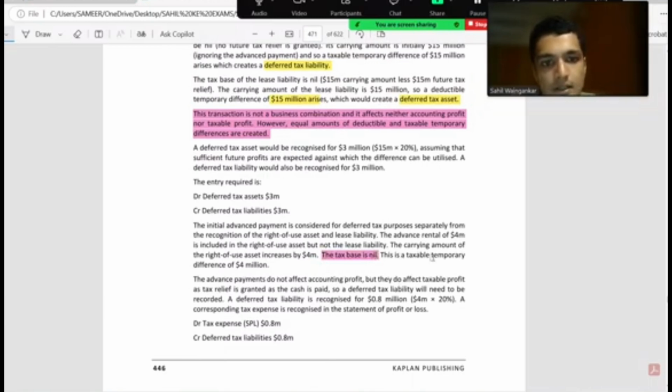This is a taxable temporary difference of 4 million in right of use asset.